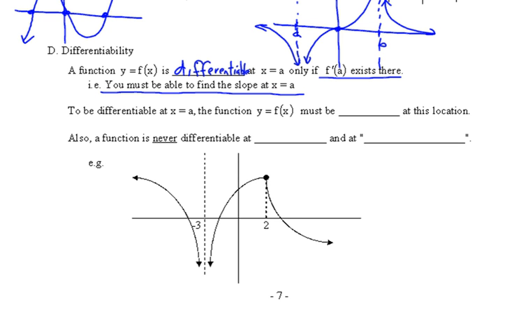Okay, so to be differentiable, f of x must be continuous at this location. Also, a function is never differentiable at a vertical asymptote. And it's also never differentiable at a corner, or if you like, a cusp.